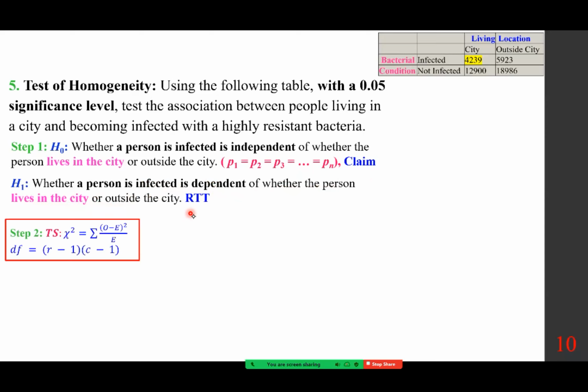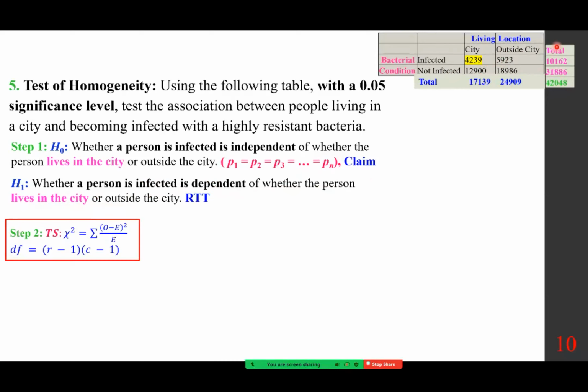Now, this is the test statistic, and to calculate this, I'm going to show you again the same formula that we have here. We have to calculate the total here, the total here, the total here, the total here, and here's the grand total. So total of each column, total of each row, and the grand total.